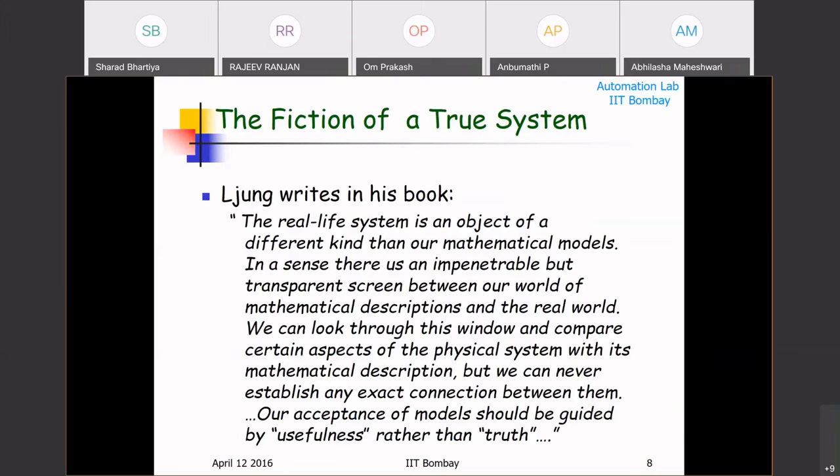So in a sense, these time series kind of models are impenetrable. They only connect input and output. So what is happening, how that protein is folding, and what are those internal workings, we don't know.